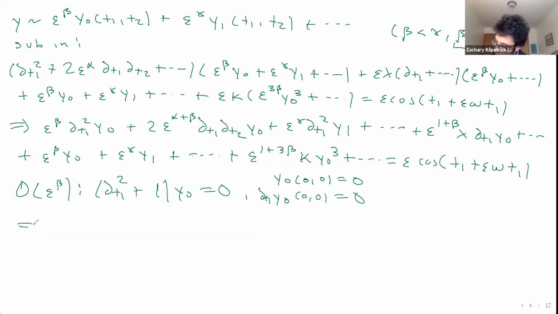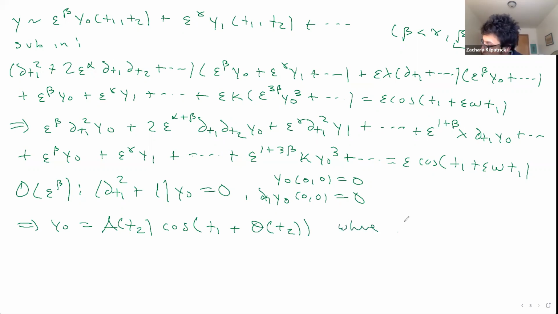So that's going to give us that y0 is equal to a of t2 cosine t1 plus some shift in phase theta of t2, where a0 is equal to 0 in order to satisfy our initial condition.